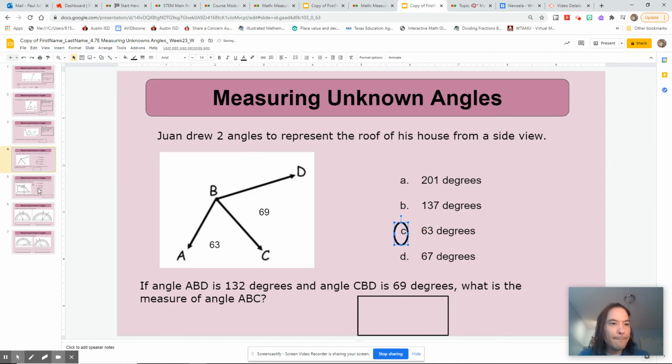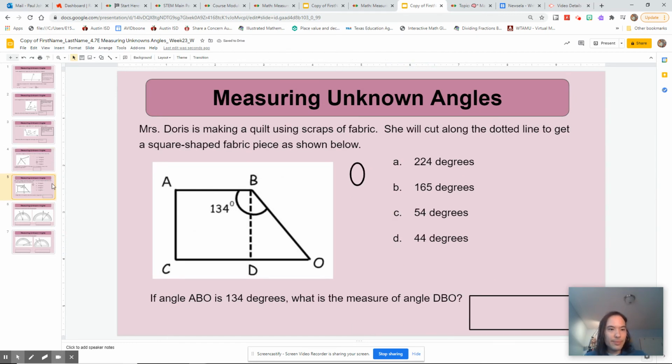All right, moving on. Next page. Miss Doris is making a quilt using scraps of fabric. She will cut along the dotted line to get a square-shaped fabric piece as shown below. So we look at the square-shaped fabric piece.